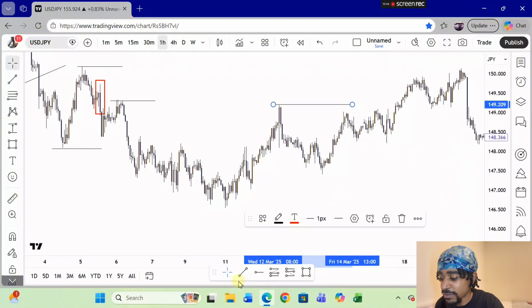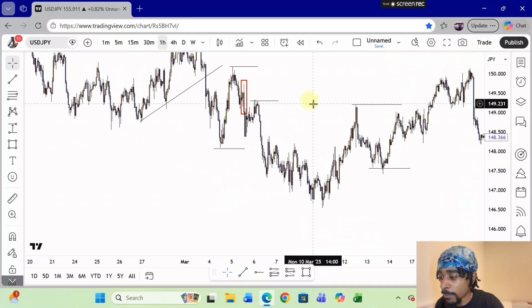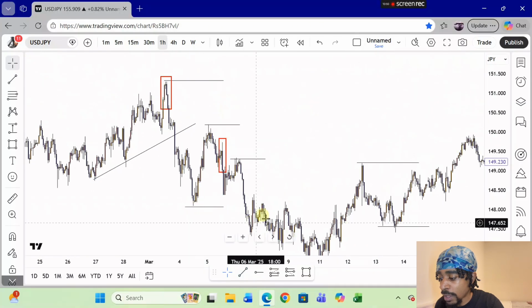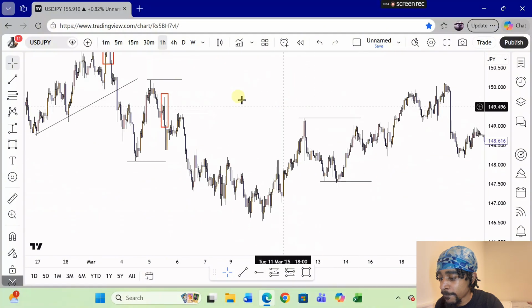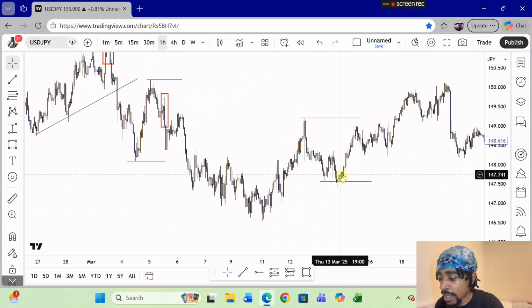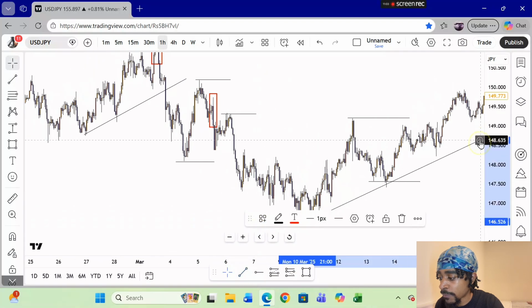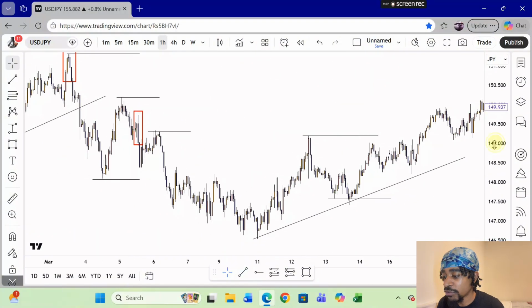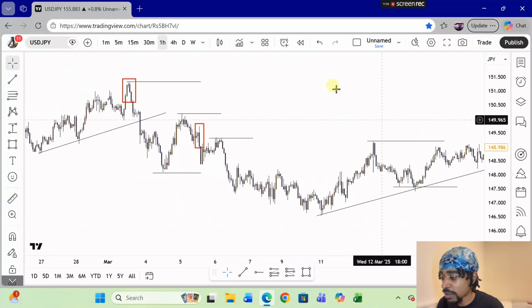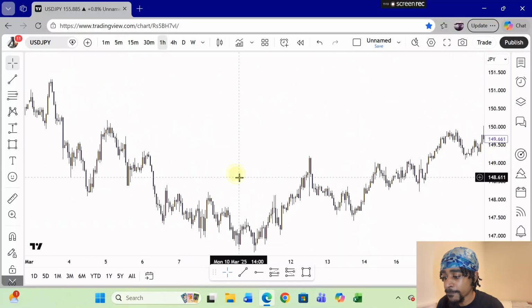So you guys can see how the market moves. We go from lower lows and lower highs to consolidation, to then putting in this high equal to that high, putting in a higher low, and then going into an uptrend. So guys, we have all the phases of the market right here. We have all the market conditions. Just in this small segment right here, we have all the market conditions. Let me delete everything.